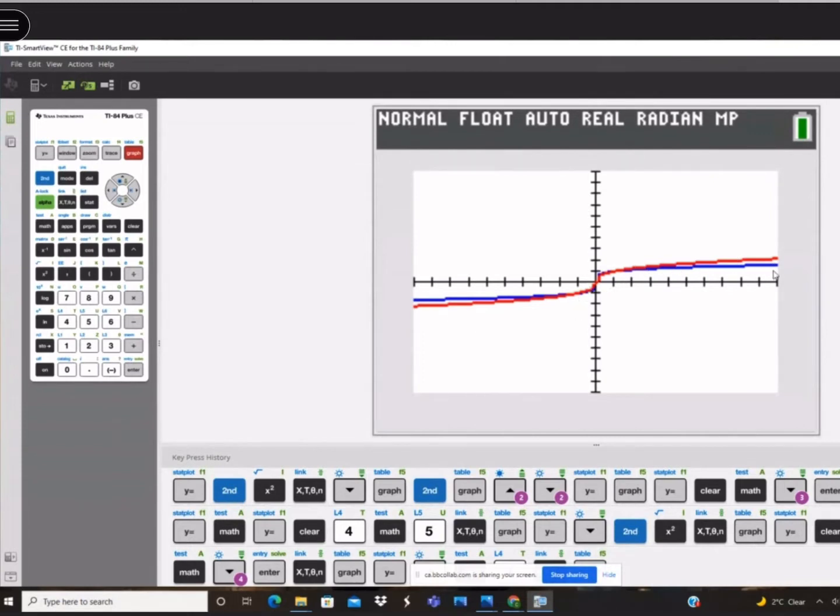So the behaviors are very similar. They're both above and below the x-axis in the same locations, but how quickly they're increasing or how sharply they're increasing is very different. So I would suggest that the higher the index, when you have an odd index, the closer those lines are going to hug the x-axis.